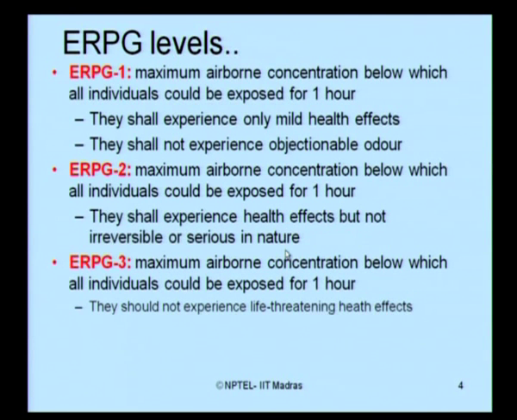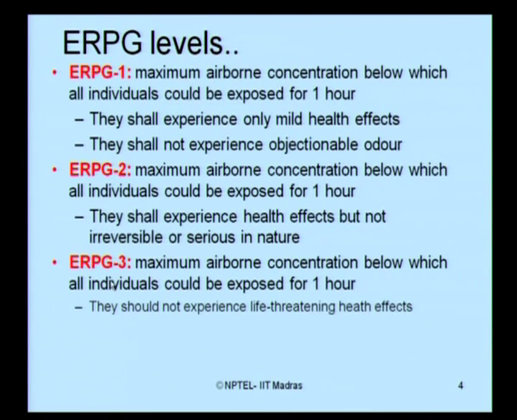If you have any such airborne concentration, which will not result in an irreversible effect on human health, but some health effects will be caused when they are exposed for a maximum period of 1 hour, we call that concentration level ERPG 2.